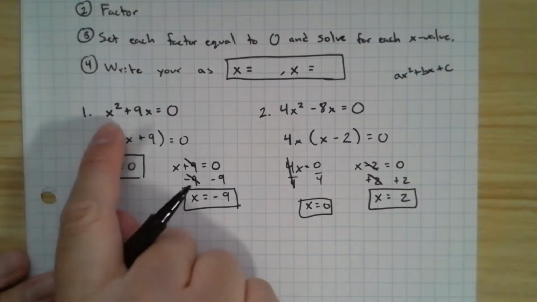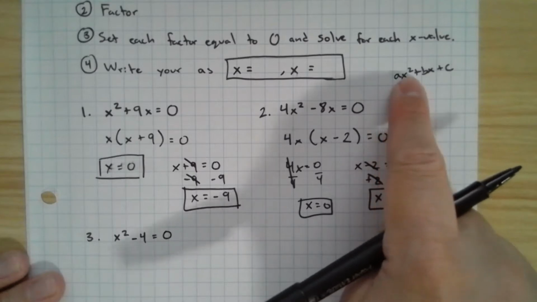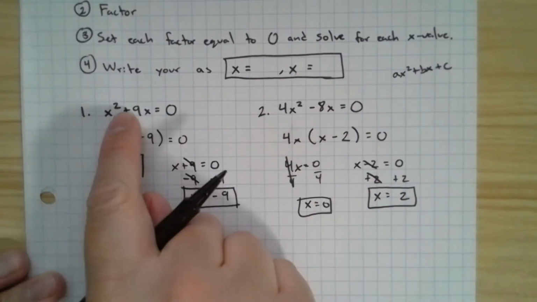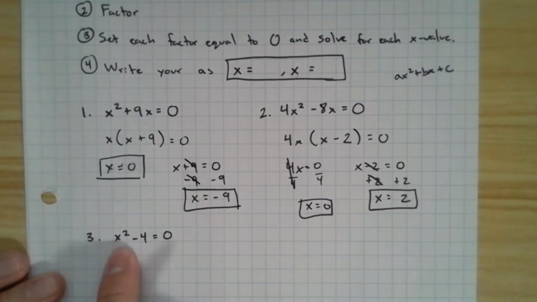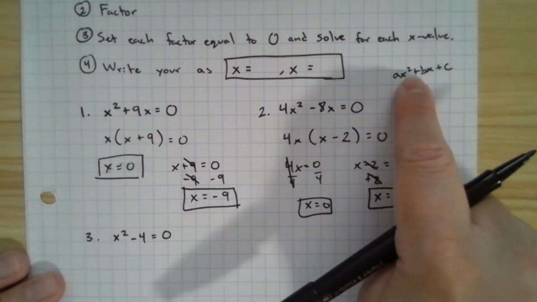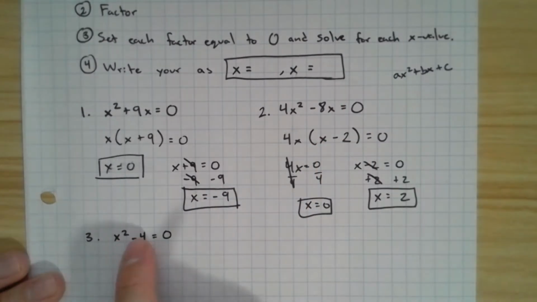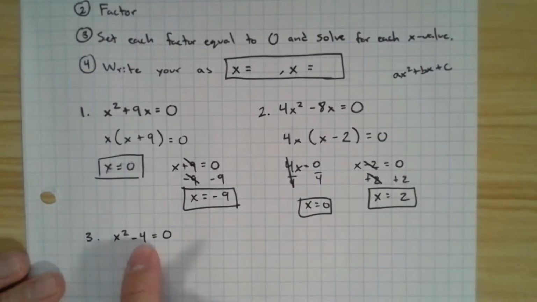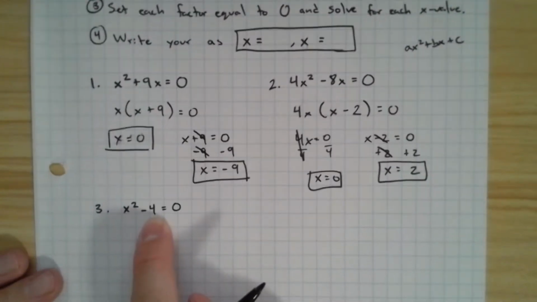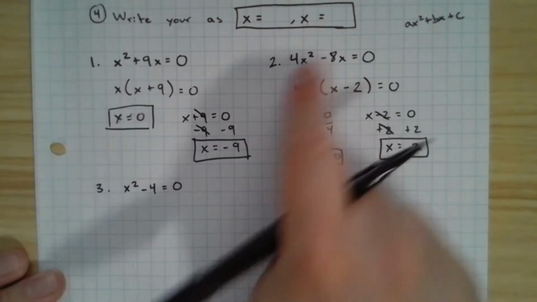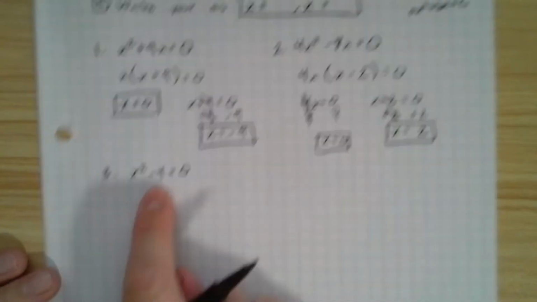So these first 2 examples had the ax squared plus bx terms, but this third example has the ax squared term, but it has only the c for the second term. So that means it's definitely not going to be like this factoring right here.